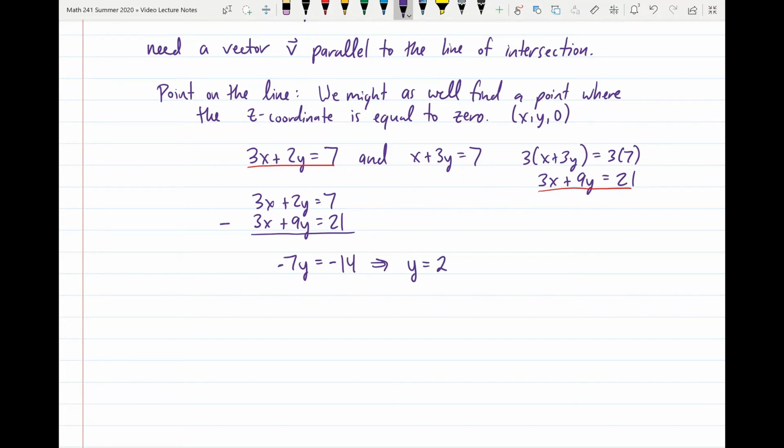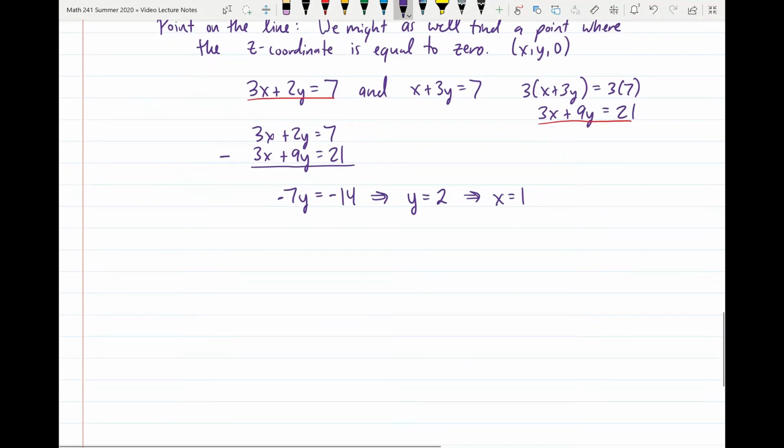And now we can take y equals 2 and plug it back in for either of the original equations, and it tells us that x is equal to 1 when we do that. So the point (1, 2, 0) is on the line of intersection.